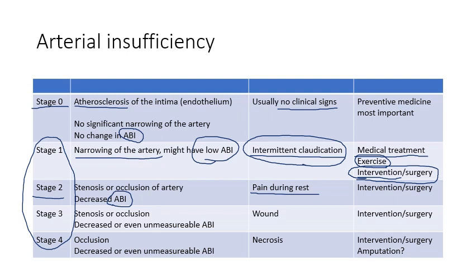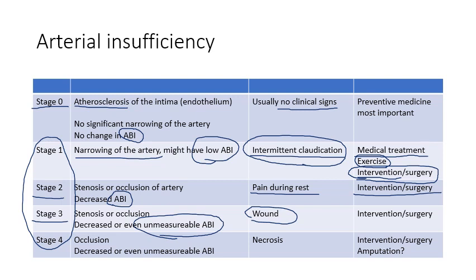So the supply does not meet the demand even at rest. Then you have to do some sort of intervention or surgery. If not, you're going to go into stage 3 and you're going to have a wound develop. And some patients don't even have a measurable ankle brachial index at this point. So you might have a wound, and if you're not able to measure the ankle brachial index, that means your main artery supply is compromised.